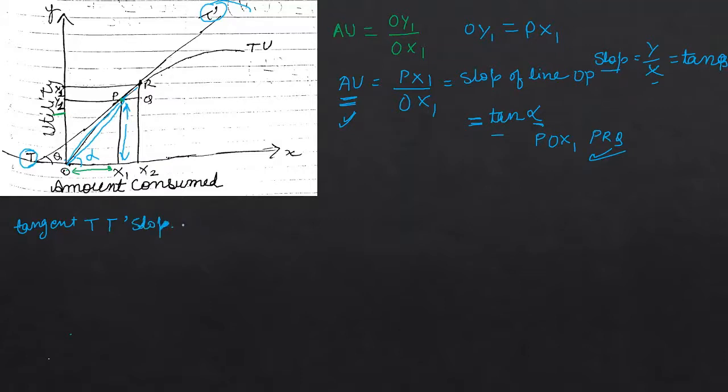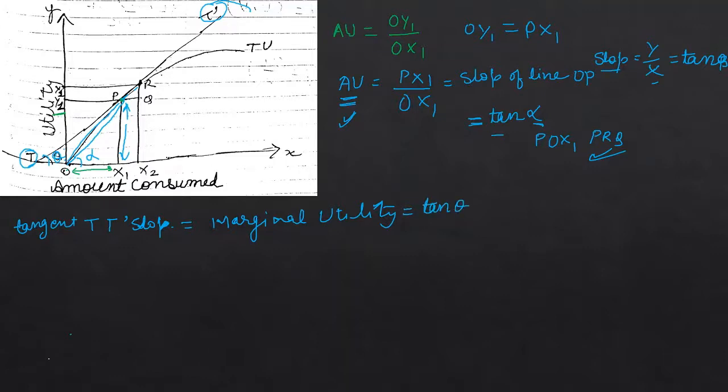Slope of T T dash is the marginal utility. That means marginal utility at any point is given by the slope of the tangent to the curve at that point. And if this angle is theta, then this is equal to tan theta.